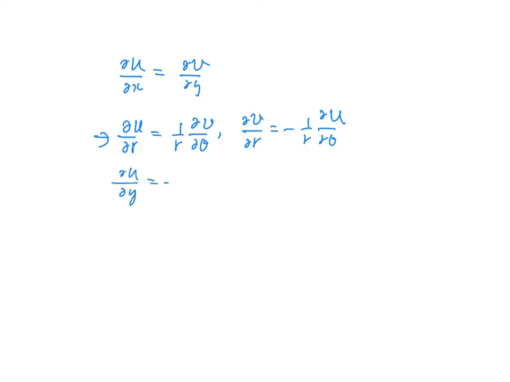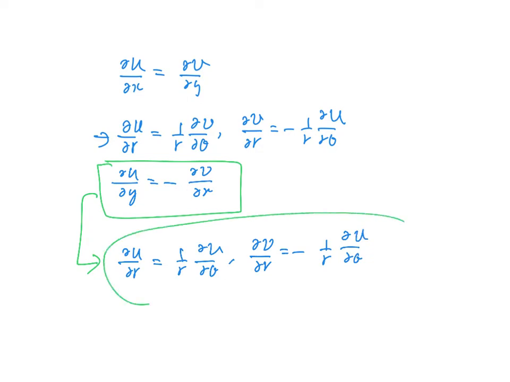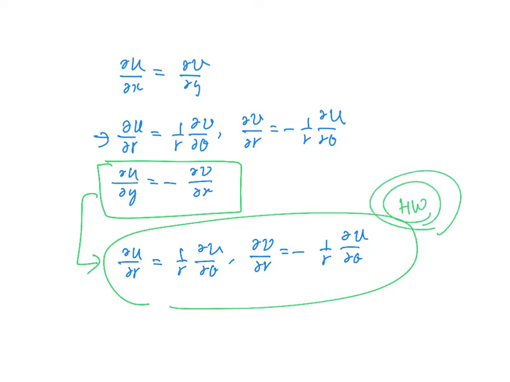Partial y partial u is minus partial x partial v. And you can show that the same kind of Cauchy-Riemann condition in polar coordinates is obtained. Partial r partial u is 1 over r partial theta partial v. Partial r partial v is minus 1 over r partial theta partial u. So I'm going to leave this as homework, and you had better do it, because I might ask you in the quiz.